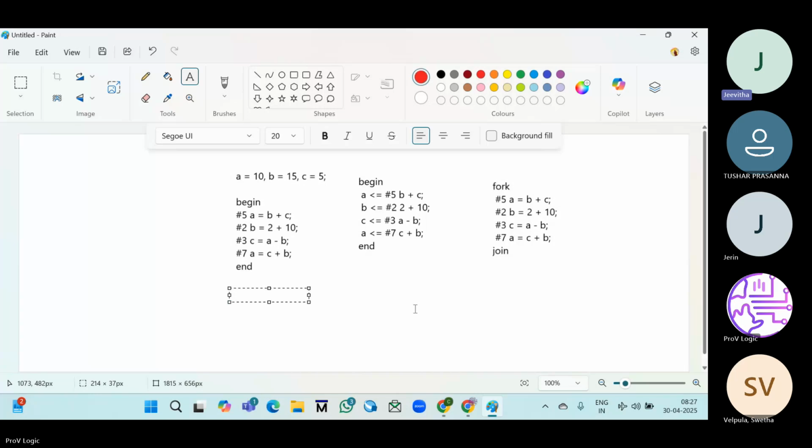In blocking assignment, RHS evaluation and assignment both will happen after the time delay. Whereas in non-blocking, RHS evaluation happens immediately, but the assignment will happen at the end of the simulation.